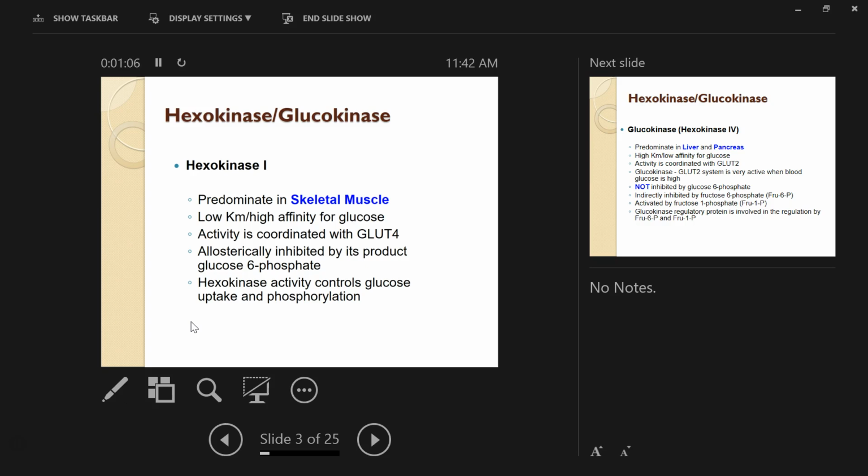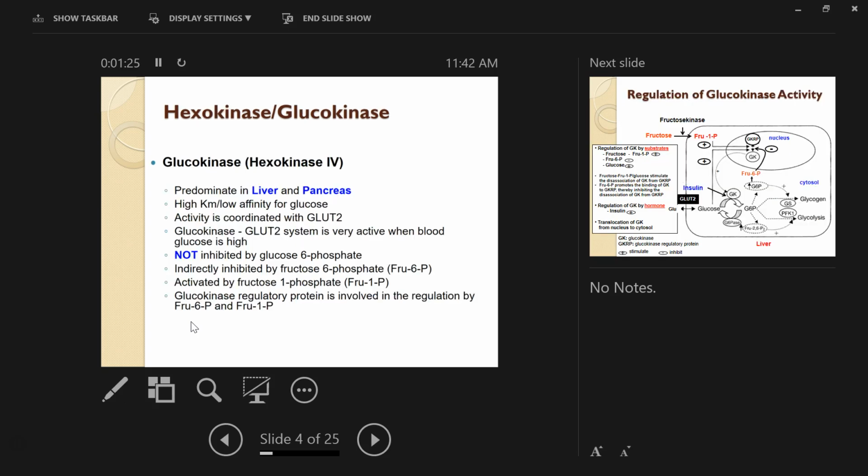And how they work together with which type of glucose transporter, right? Like hexokinase, because it's in the muscle, it basically coordinates with GLUT4, right, and regulates glucose uptake and oxidation and so on. And glucokinase is coordinated with GLUT2, right?